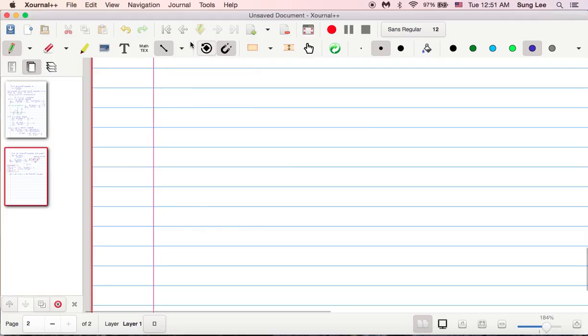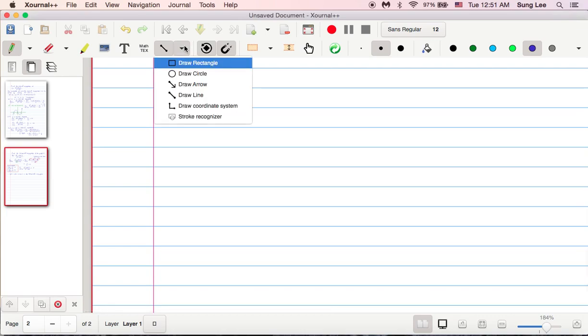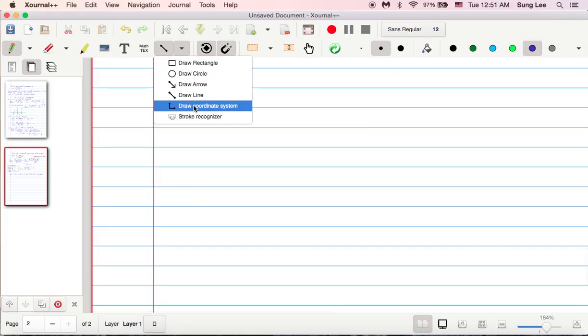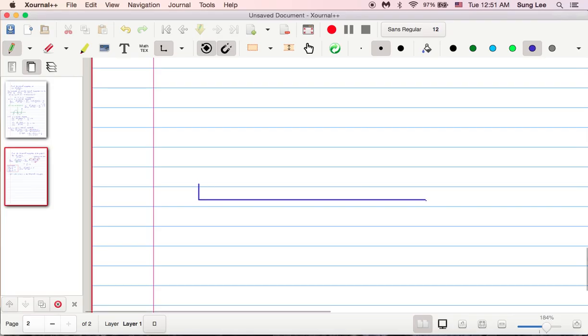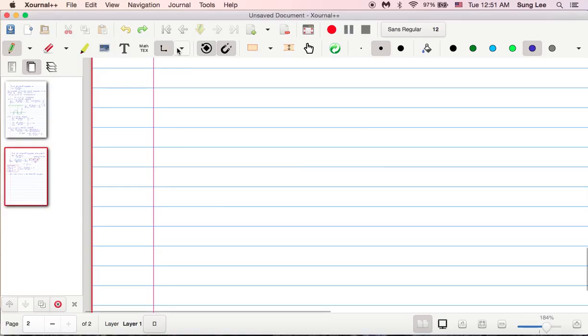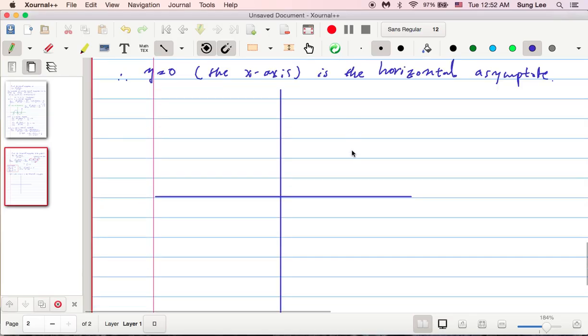Okay, so these are the coordinate axes, x-axis and y-axis.